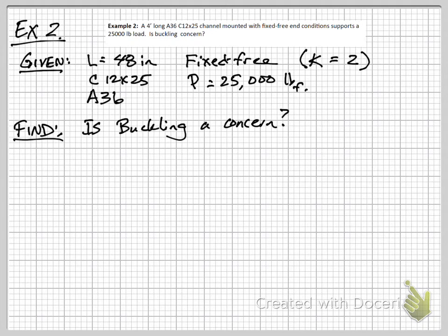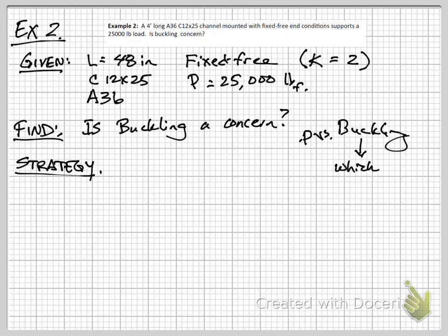Okay, we need to come up with a strategy. Because to know if buckling is a concern, we need to calculate buckling. I'm going to go backwards here. We need to calculate what the buckling load is and compare it with our P. But to get buckling, we need to know which equation, right?